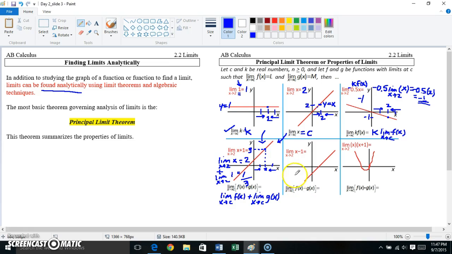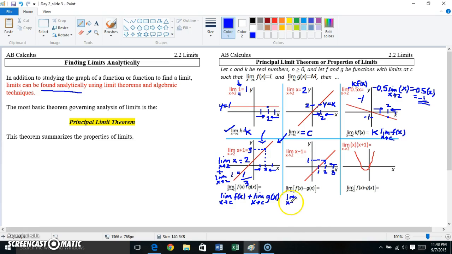Let's see if we can finish these last two. Here we have a difference instead of a sum. Not going to be any different. As you approach from the left or you approach from the right, our y value is going to approach 1.